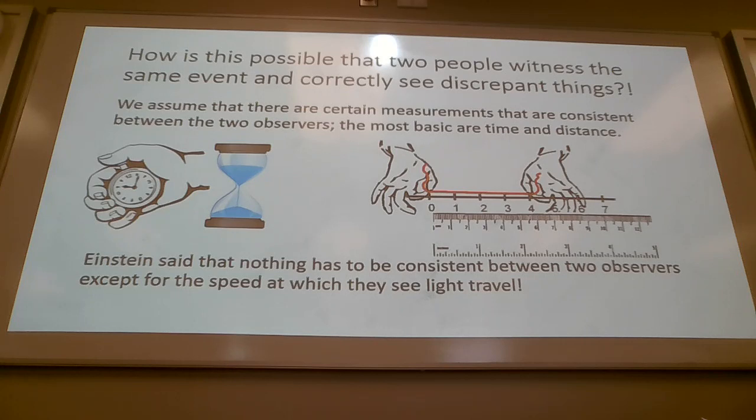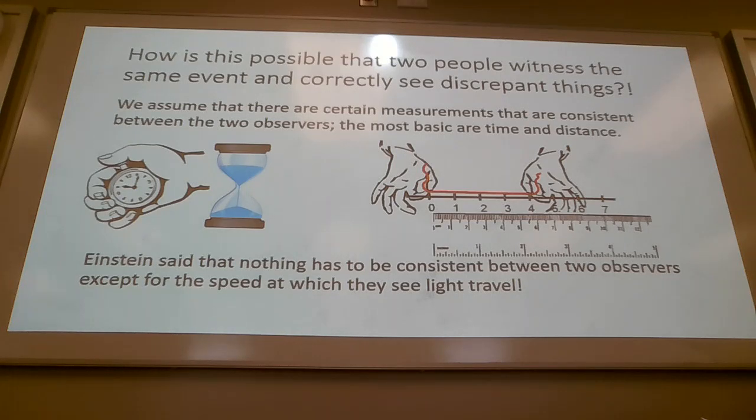A moving clock ticks slower than a clock that's at rest. Wait, what? Exactly. A clock that is moving ticks slower than one that is at rest.